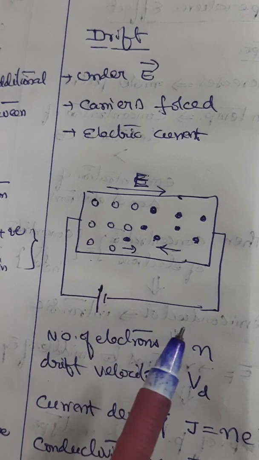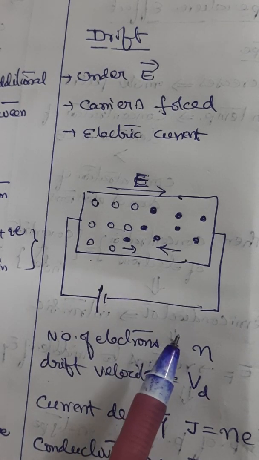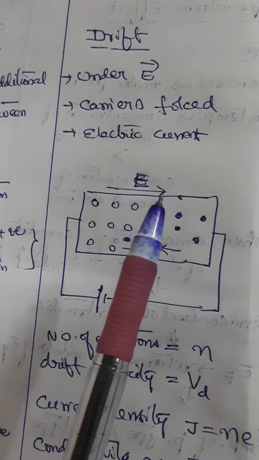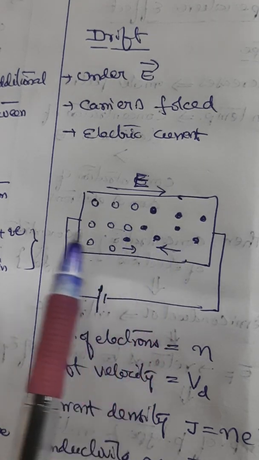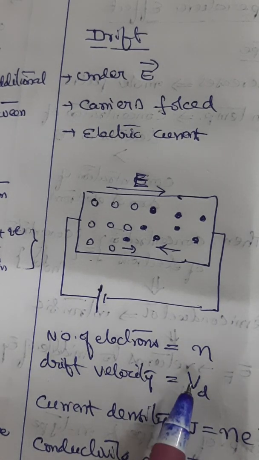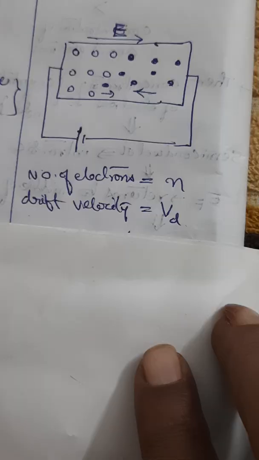Let us say there are n number of electrons in a semiconductor. And because of this electric field E, these electrons drift in one direction. Therefore, the drift velocity is taken as the velocity, represented as Vd.